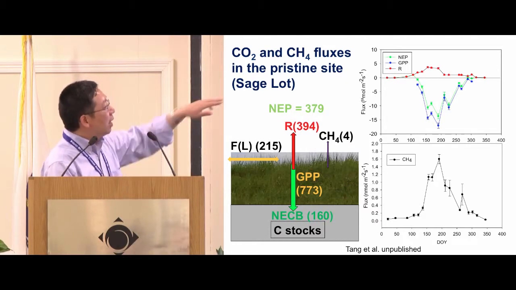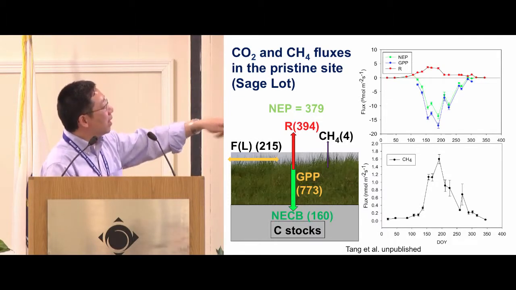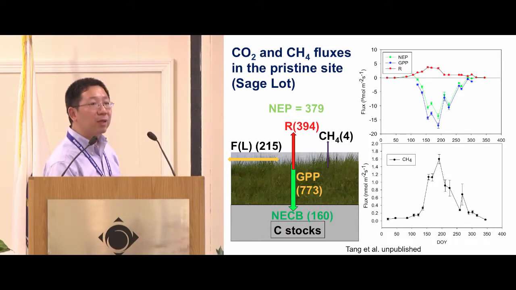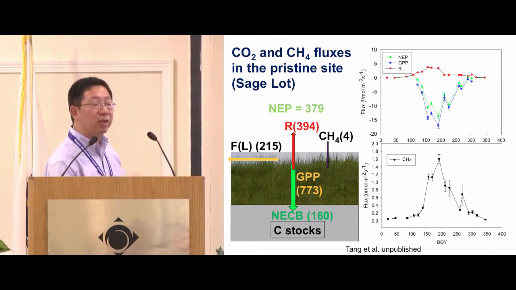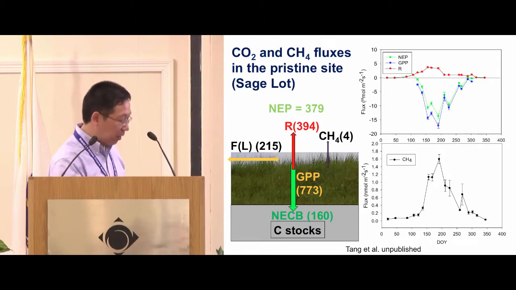And then there's a lateral flux, which is still being developed, but it's at about the 200 level. So the total NECB, the net carbon balance, is about 160 grams of carbon per square meter per year, that amount of carbon buried into the marsh soil, into the sediment. This number is also comparable with the sediment core, which you will see reported later on. So the idea is, based on the gas measurements, we can calculate the total sum and estimate all the errors.